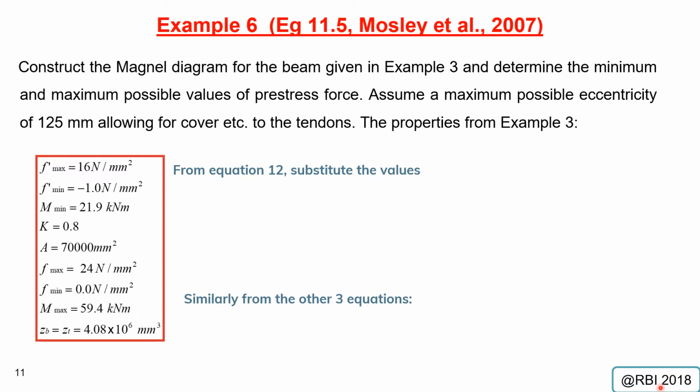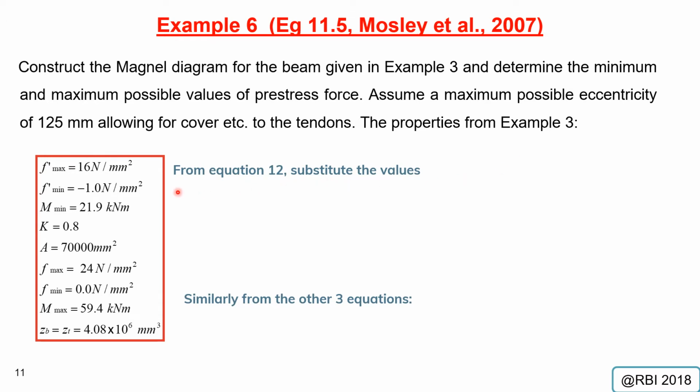The question is: construct a Magnel diagram for the beam given in example 3 and determine the minimum and maximum values of pre-stress force. Assume a maximum possible eccentricity of 125 mm, by allowing for cover and so on to the tendons. So the properties are from example 3.